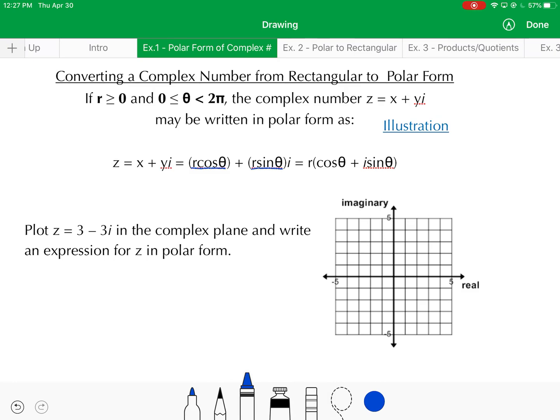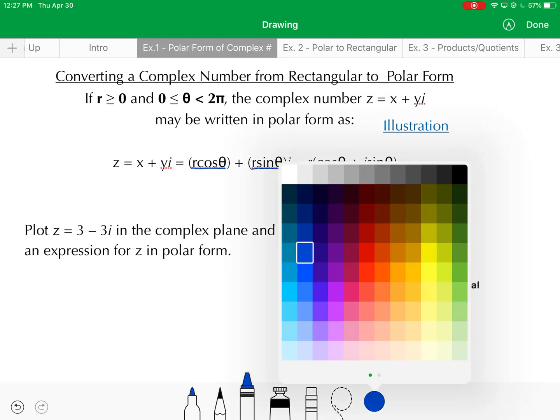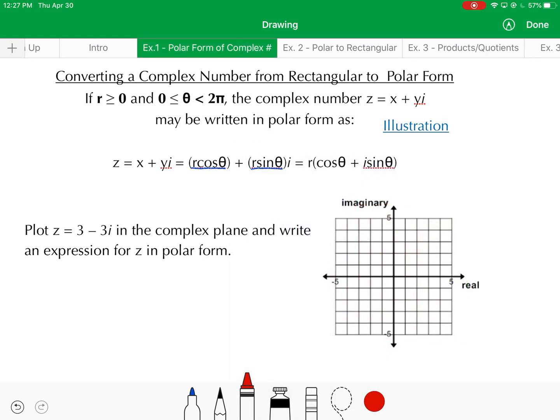And what I want you to notice is that when you're in that form, both your real number part and your imaginary part have this GCF of r that can be factored out, okay? So it's very common that you see the complex number in polar form written with that r out in front like this. We have r multiplied by cosine of theta plus i sine of theta.